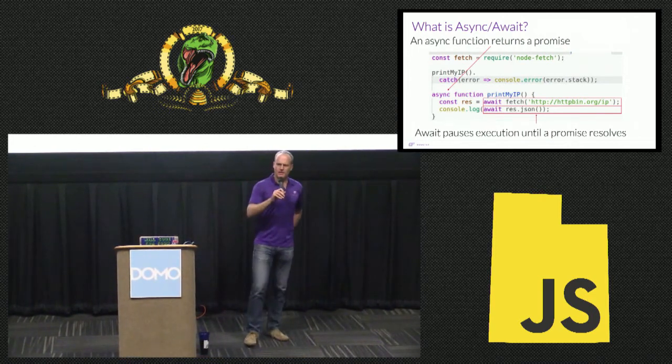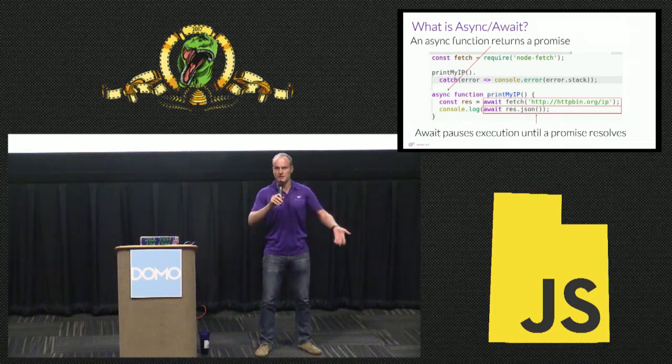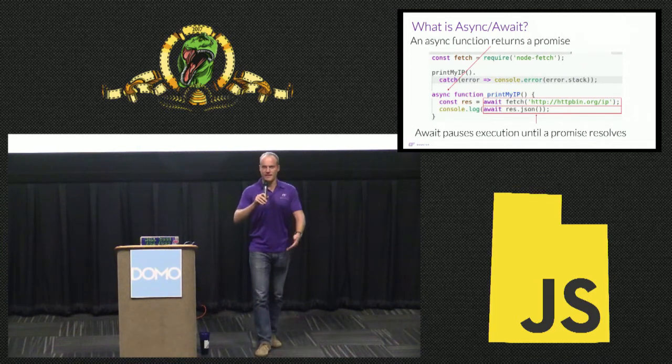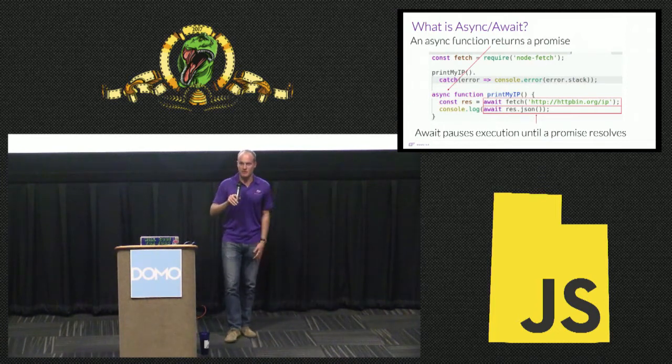So how many of you here are familiar with the fetch API? Fetch is a browser-based, isomorphic tool for making HTTP requests. So if you want to hit a REST API and get back some data, you would use fetch.